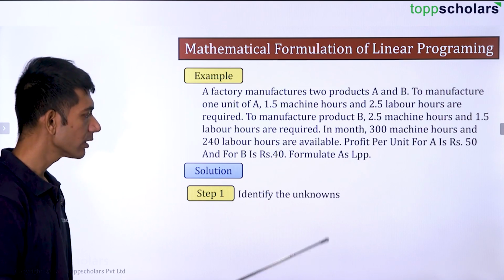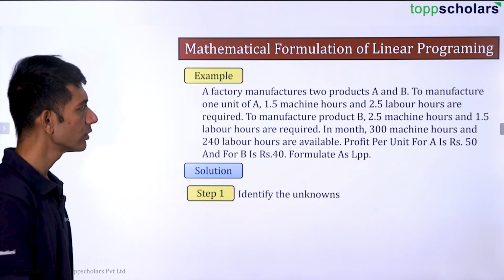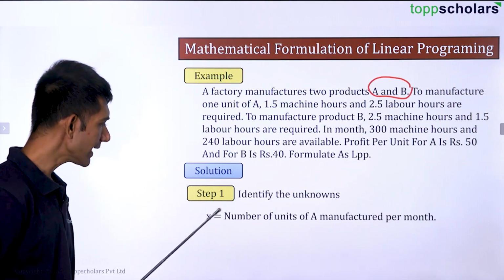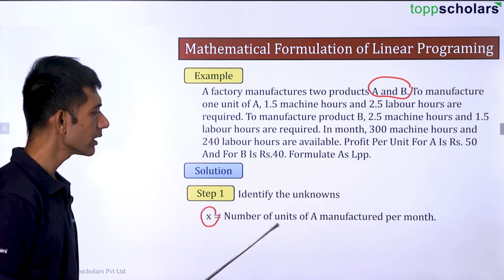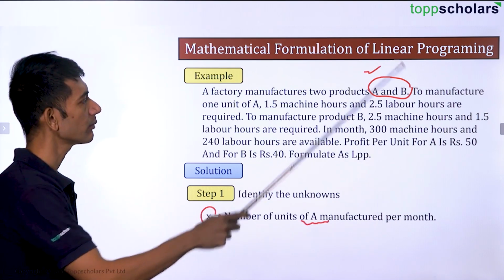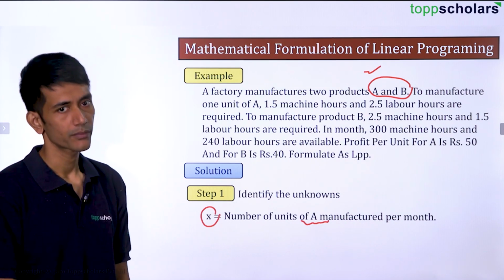So step 1 is what? We identify the unknowns. Here we are talking about two unknowns. Let X be the number of units of A manufactured per month.